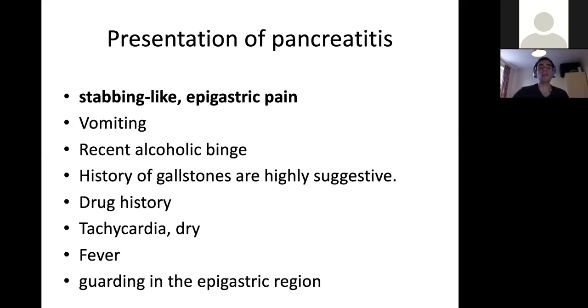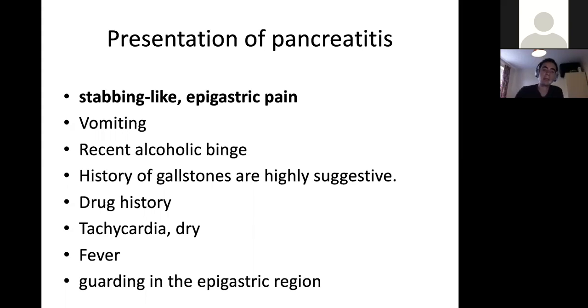Then take a medication history, as that can give you an indication of the cause of pancreatitis. They might have a fast heart rate and dry mucous membranes, a sign that they are dehydrated. And some patients might have fever. However, thinking about the complications of pancreatitis a bit later, we'll see that fever does happen sometimes a few days after developing pancreatitis as part of the complications.